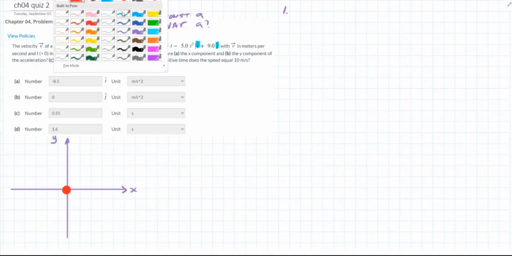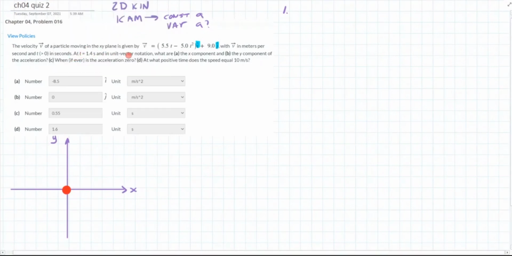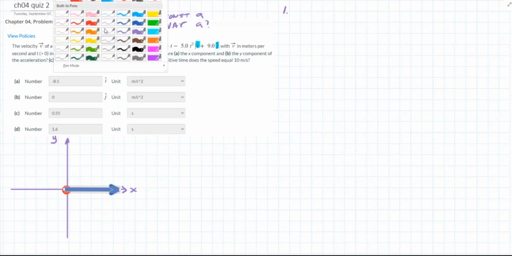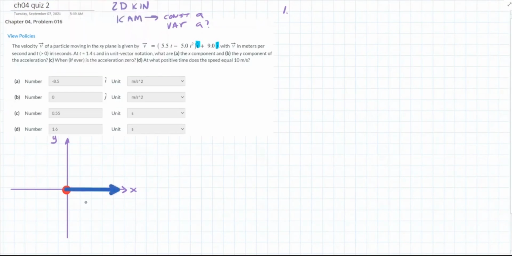So this is what's going on with this particle from a velocity point of view. I have some x velocity component, so I'm going to draw that. Here's my x velocity component, and I'm going to label that as Vx.